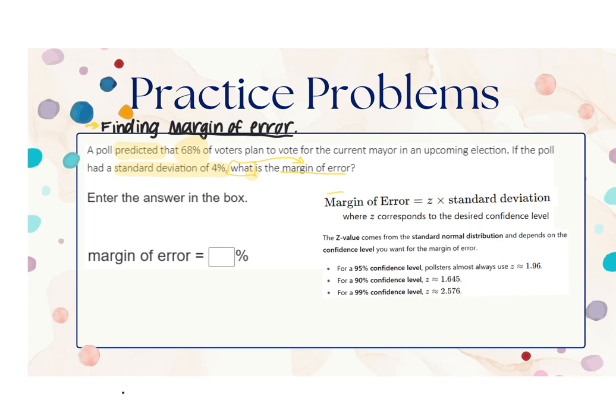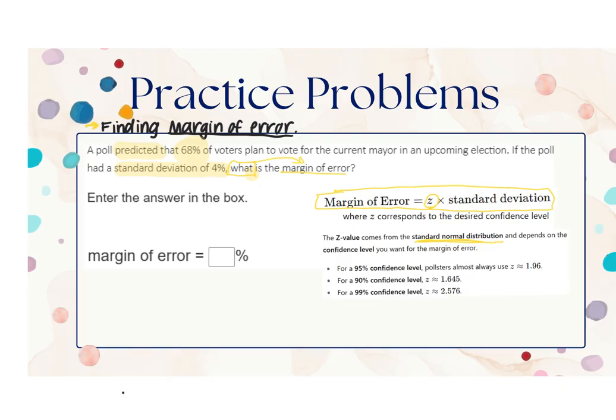To find the margin of error, we're going to use this formula right here. Margin of error is equal to z times our standard deviation. Our z stands for our z value. It stems from our standard normal distribution, and it's the confidence level you want for your margin of error.